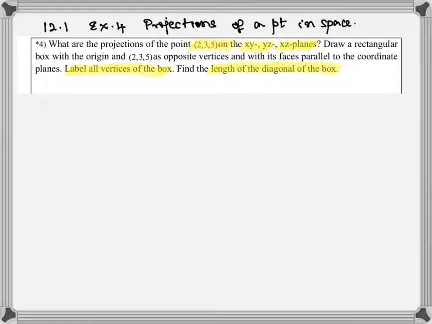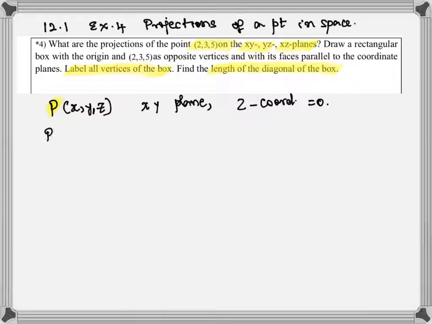Here the concept is that if you take a point P with coordinates x, y, z, and you project it on the xy plane, then the z coordinate will be 0.